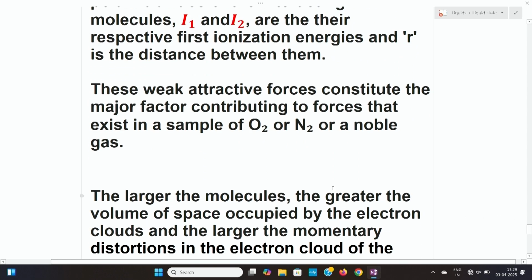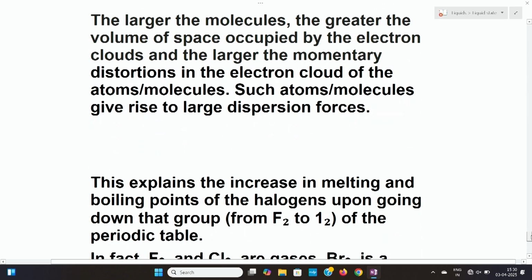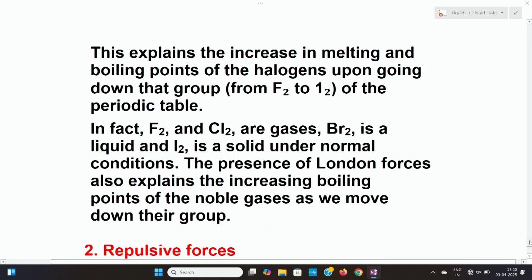These weak attractive forces are a major factor in samples of oxygen, nitrogen or noble gases. Looking at our periodic table, in the case of the halogens, fluorine, chlorine, bromine and iodine, fluorine and chlorine are gases, bromine is a liquid and iodine is a solid.